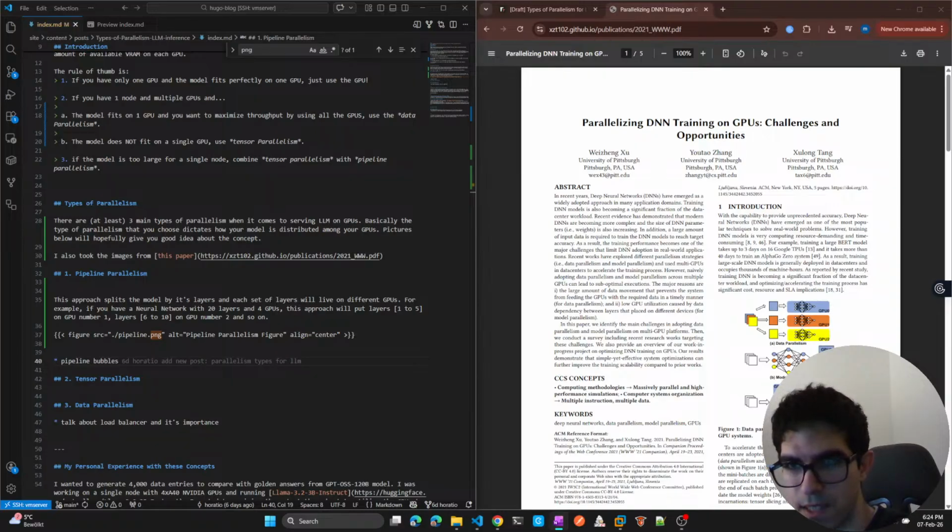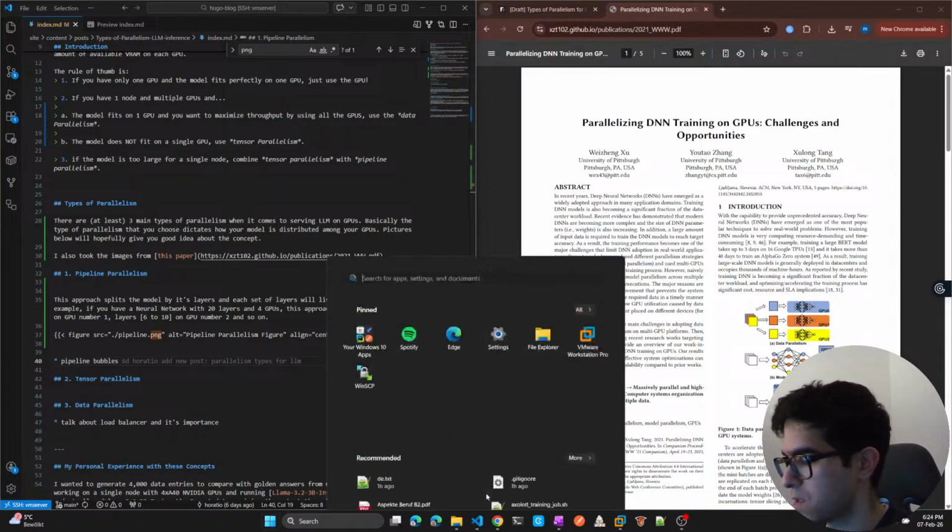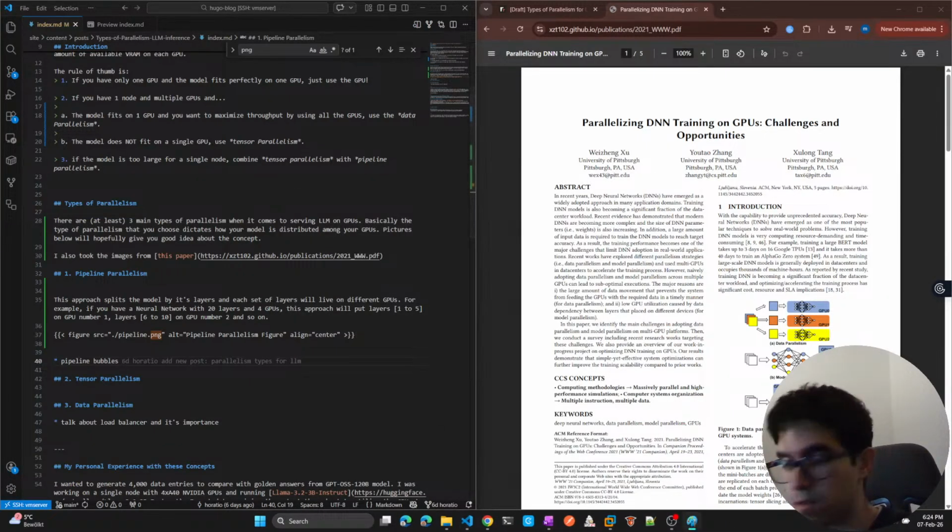Okay, just copy this and let me go to Paint. This would be GPU utilization pipeline.